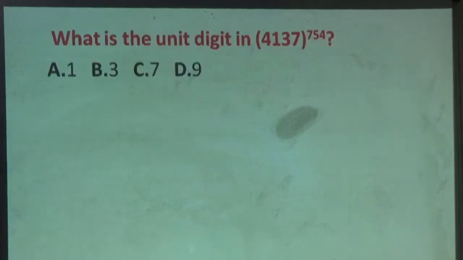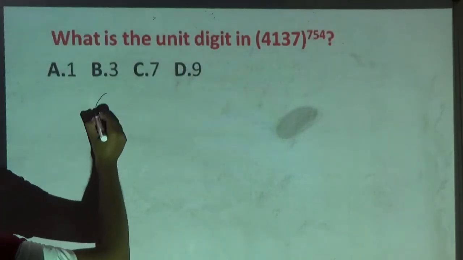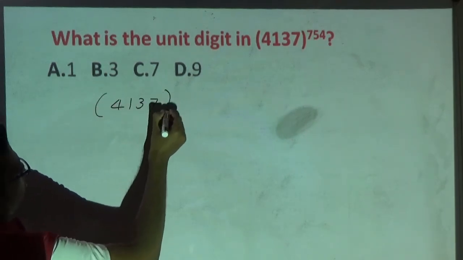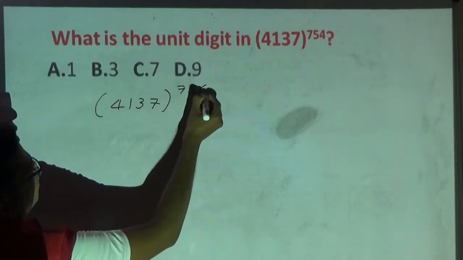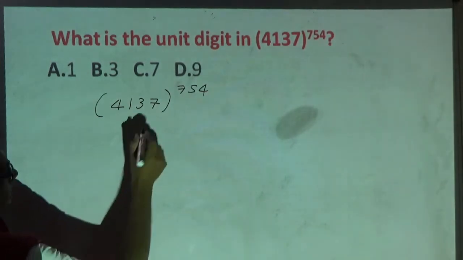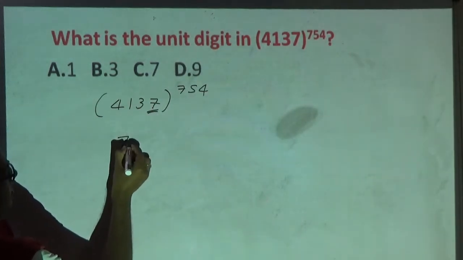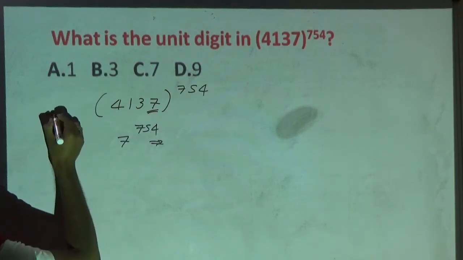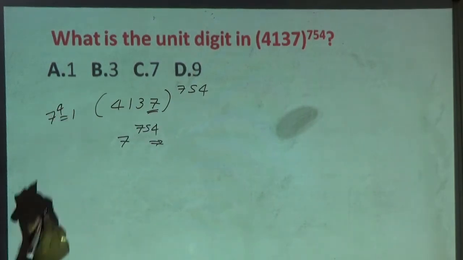Now, what is the unit digit in 4137 whole power 754? So you only worry about the units place number, 7, power 754. I know that 7 power 4 is 1.